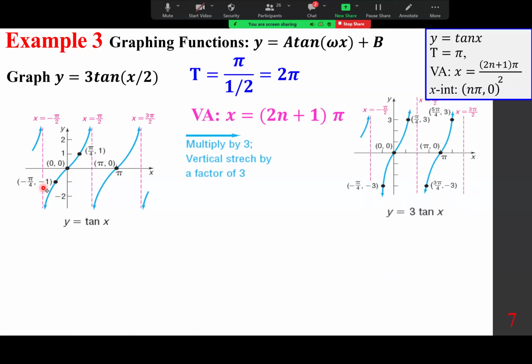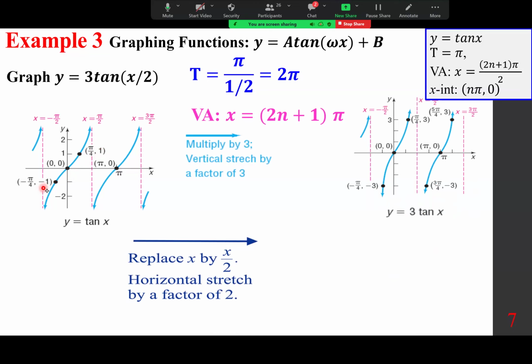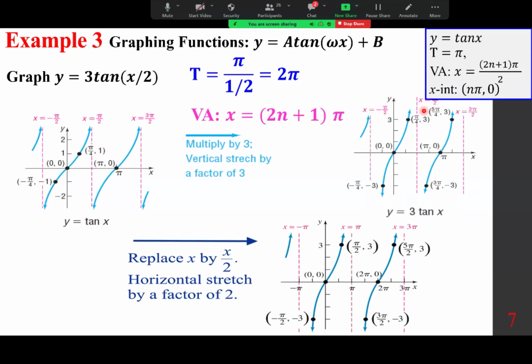Now we're going to replace the x by half of x, or x over 2, and that's the horizontal stretch by a factor of 2. So again, from negative pi over 2 to pi over 2, we are looking at a complete cycle. It's going to go from negative pi to pi as a result of that. Notice x equals minus pi, x equals pi. This is the effect of x over 2.